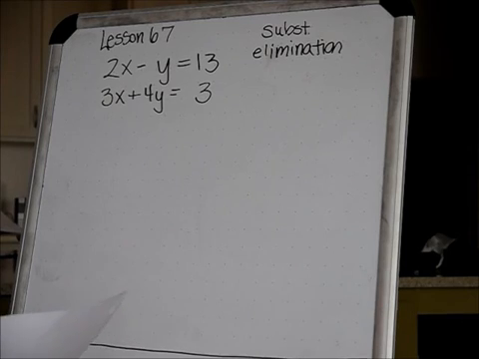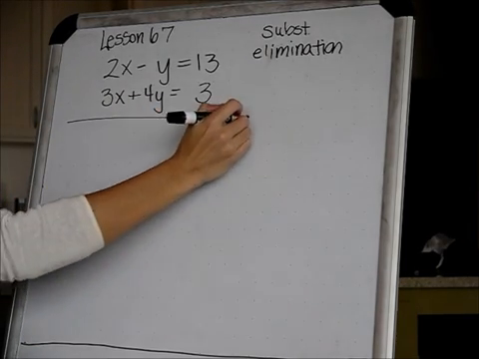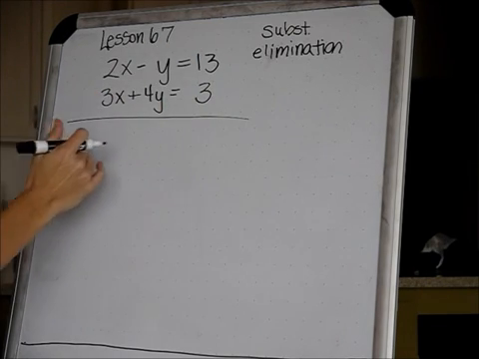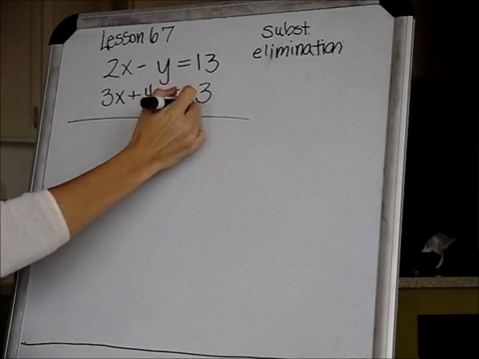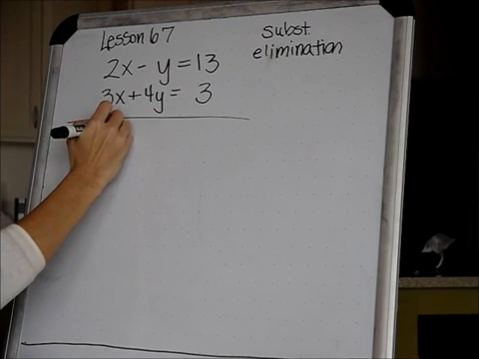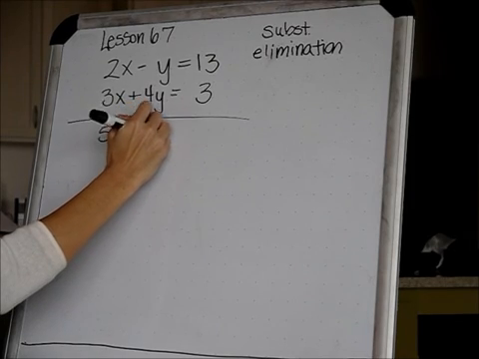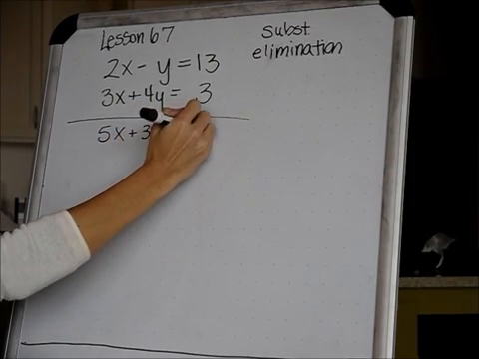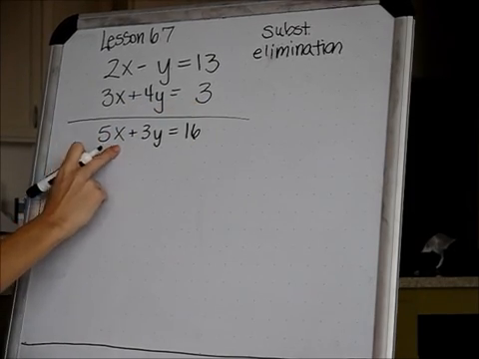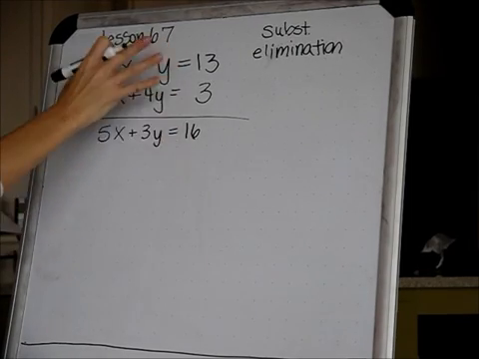Now, we're basically going to be adding equations. Over here, 13 plus 3 would be 16. Look at what happens when I add these equations. You see where I got the 5x, the 3y, and the 16? That's how we vertically add.